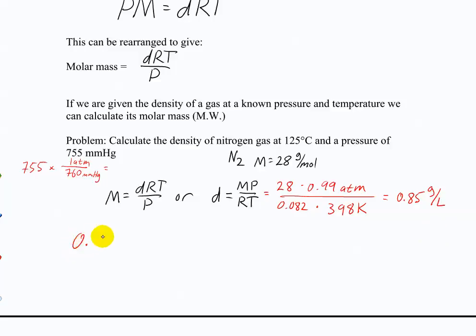So let's do that. 0.85 grams per liter times 1 liter divided by 1,000 milliliters is 0.00085 grams per milliliter or per cubic centimeter, or 8.5 times 10 to the minus 4th.